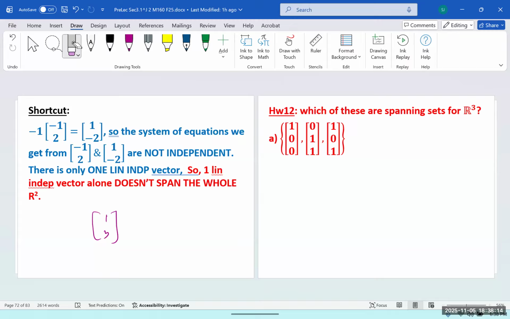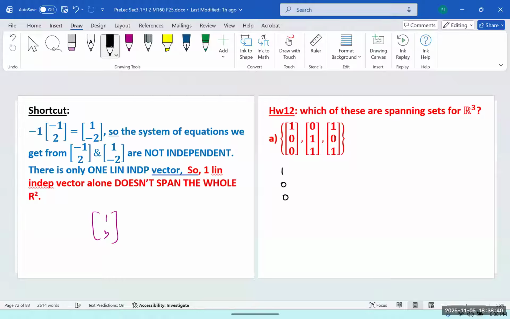Determinant. Even if you try to find the inverse, first you have to find the determinant. When you find the determinant, if it's not 0, that means they are independent, they're good. But if it's 0, that means they are not good, they're bad. So let's find the determinant.